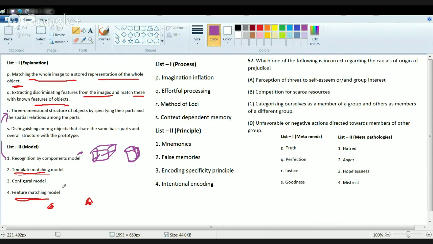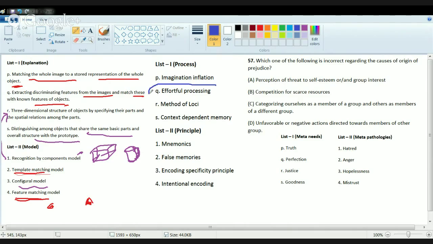The next is the configural model. So I am trying to distinguish objects that share some basic parts and the overall structure. So I'm basically configuring that structure first and then trying to relate it. The next question, you have the process and the principle.